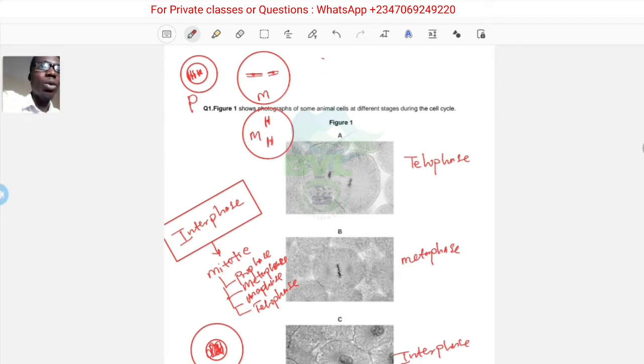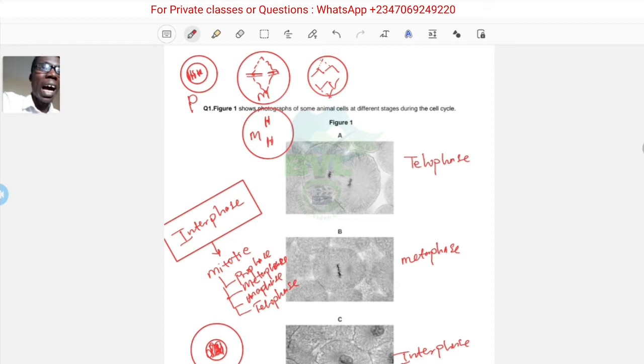Then the next phase is the anaphase, which will look like this. The chromosomes will be like that. Let me just draw those things. Those dotted lines I'm drawing represent spindle fibers, which are contractile proteins that pull the chromatids of the chromosomes apart, so to say.